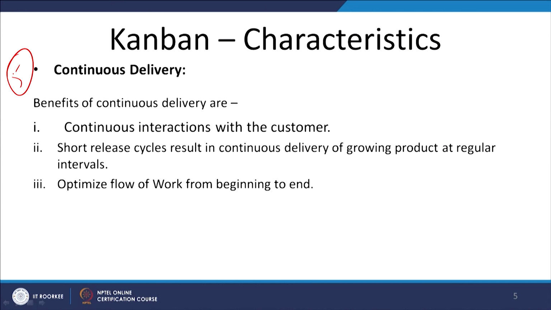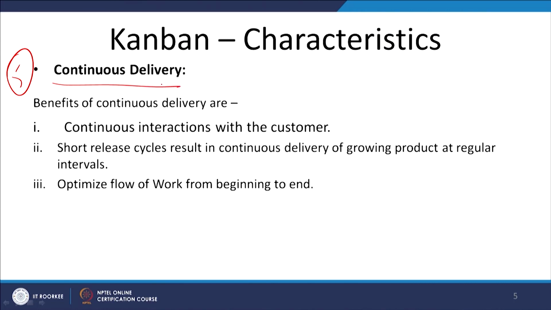Then another important characteristic of Kanban is continuous delivery. You will be able to deliver with a regular flow, because the objective of a pull based system is to achieve some kind of continuity in our output. We are not creating output in a lot and then stocking it and selling it for a period of time, then again going for lot manufacturing.